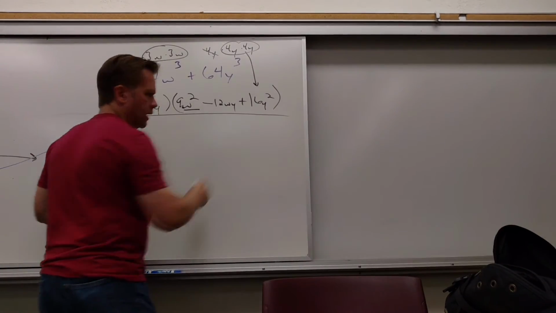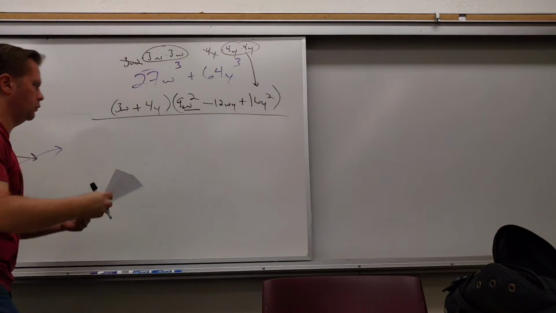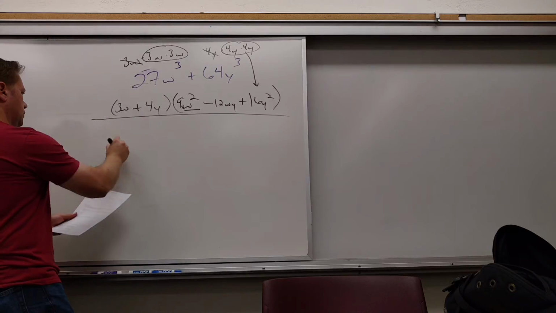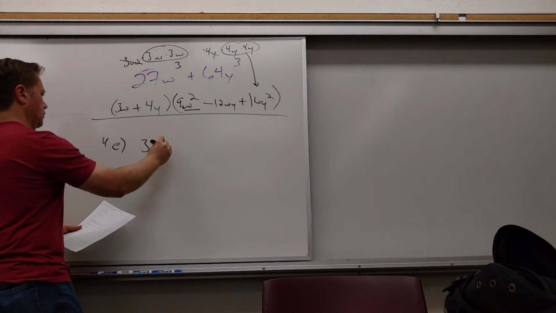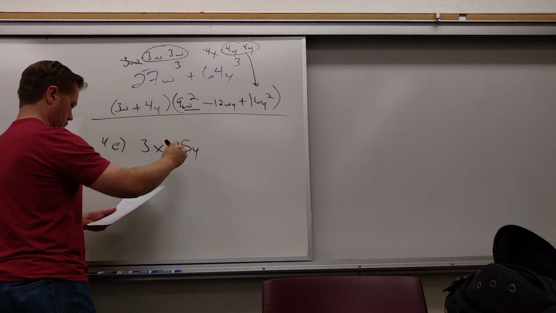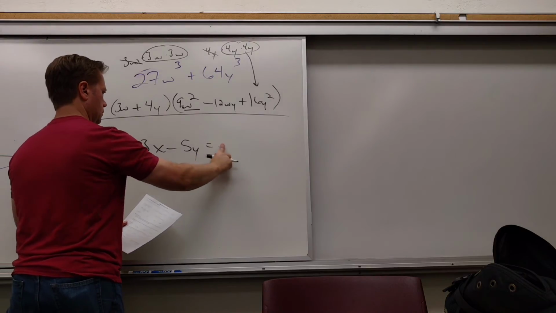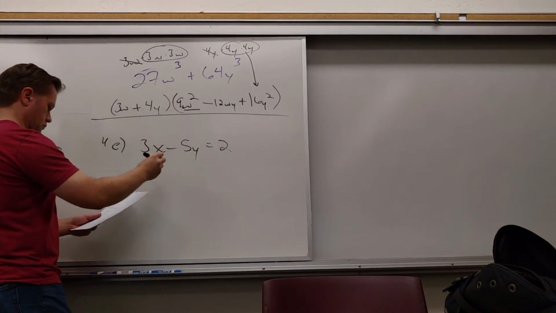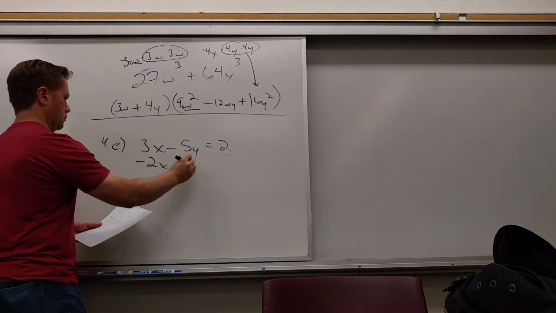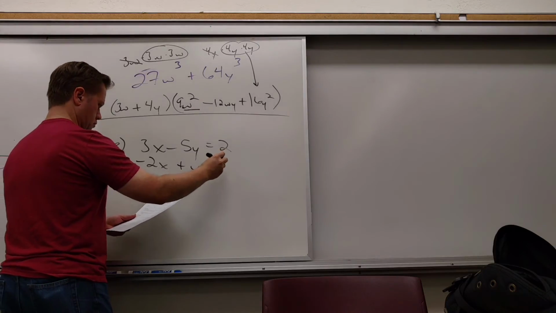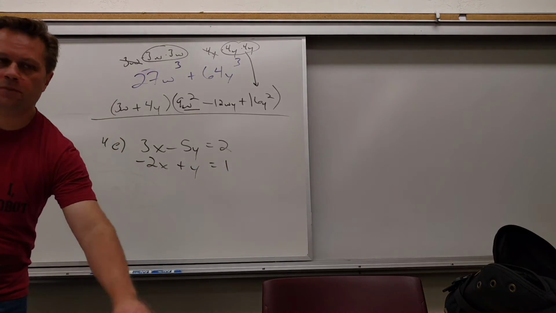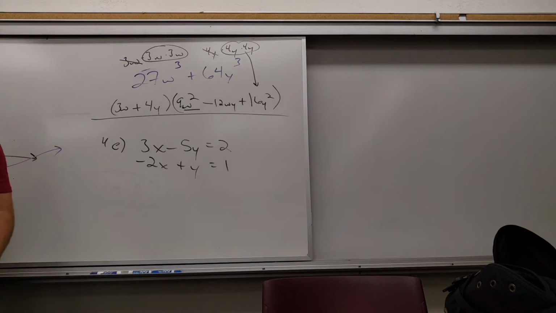So what methods do I have to solve a system of equations like this? I don't say which method. You could use either method you want. I would maybe not do this graphically.